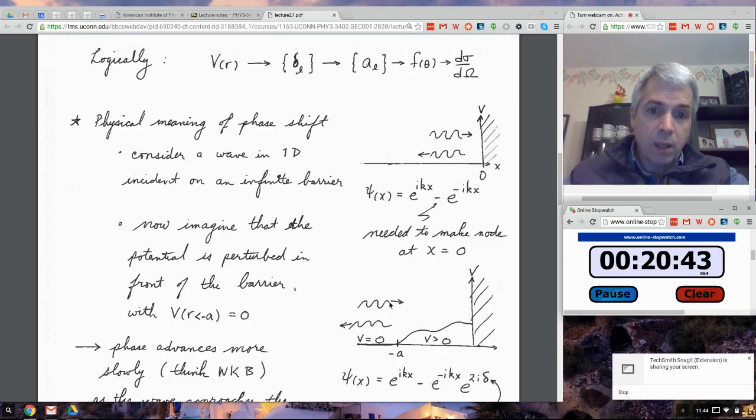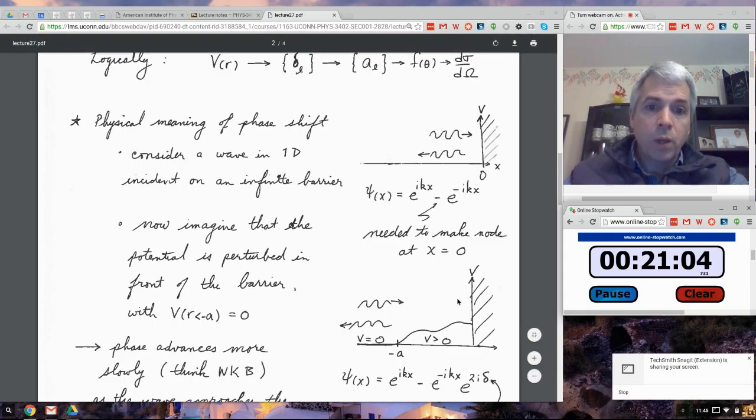As the wave propagates in, it looks more or less like the same kind of wave that came incident from the left, except its wavelength is longer. As such, the phase of the wave advances slightly less quickly than it would have in the free case. Once it reaches the barrier, exactly the same reversal happens.